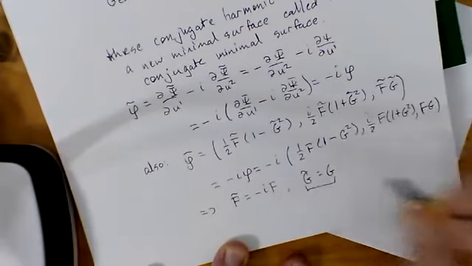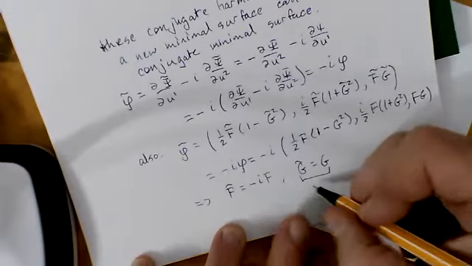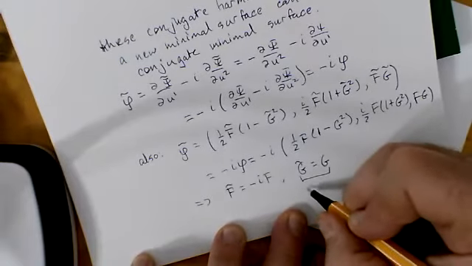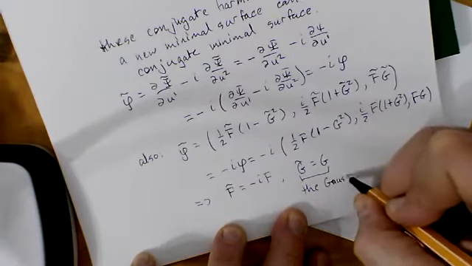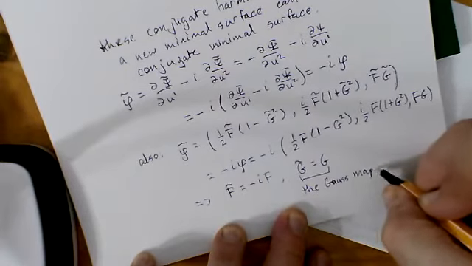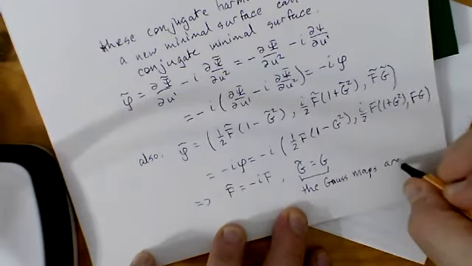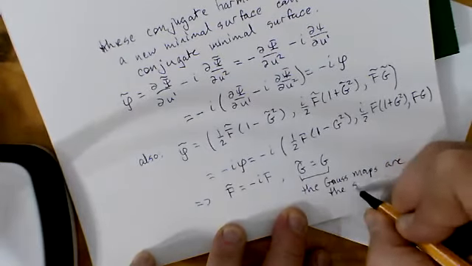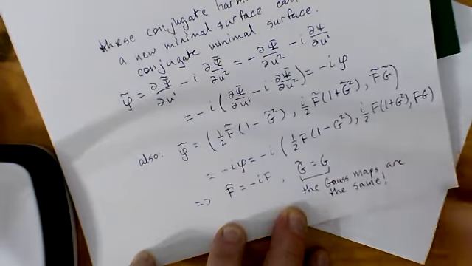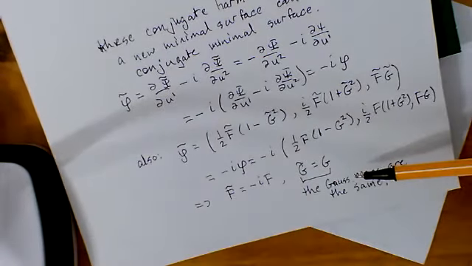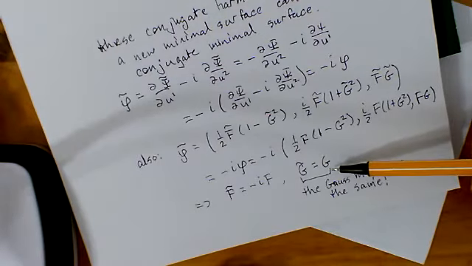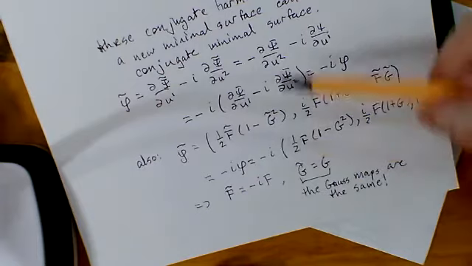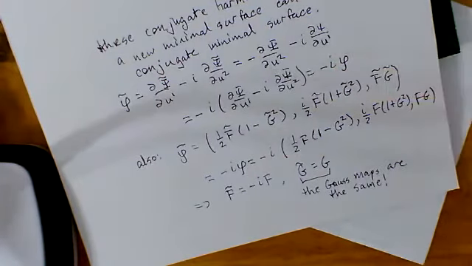And this is kind of the important observation. The normal maps agree. So the fact that the normal maps agree means that the tangent planes themselves are the same. Within this tangent plane, the difference between the two immersions is a rotation by 90 degrees.